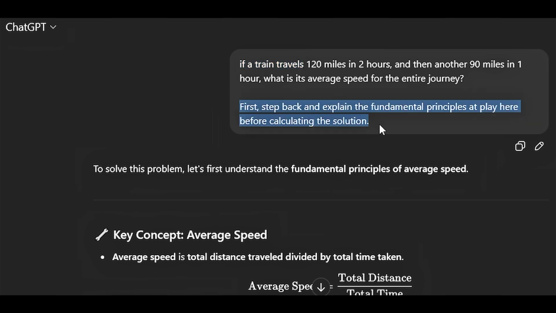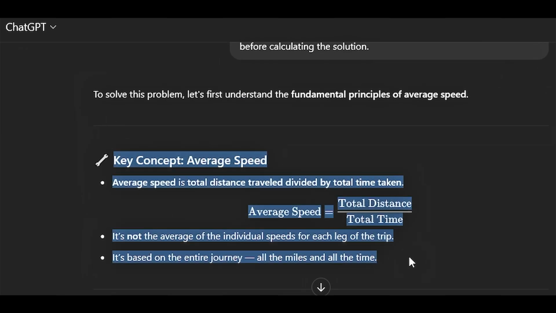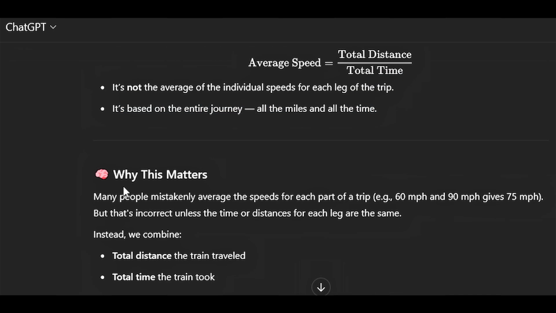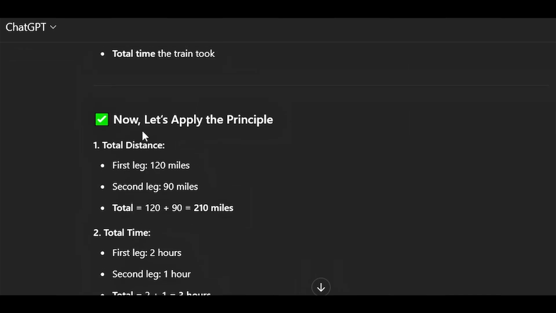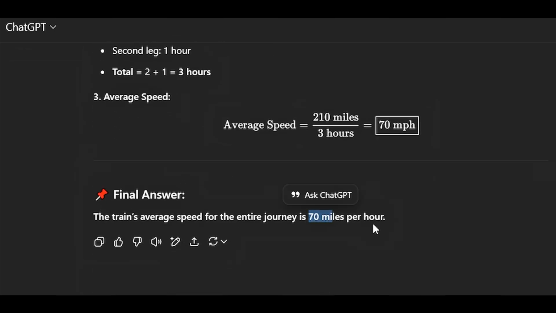And then I prompted a specific query, which is: first step back and explain the fundamental principles at play before calculating the solution. So first the model gave us the fundamental concepts, as you can see, the average speed and some details, why it matters, and then the model starts to apply the principles and the calculations, and the final answer is 70 miles per hour.